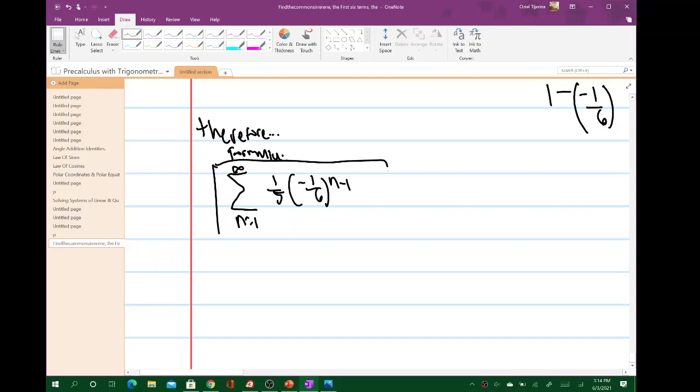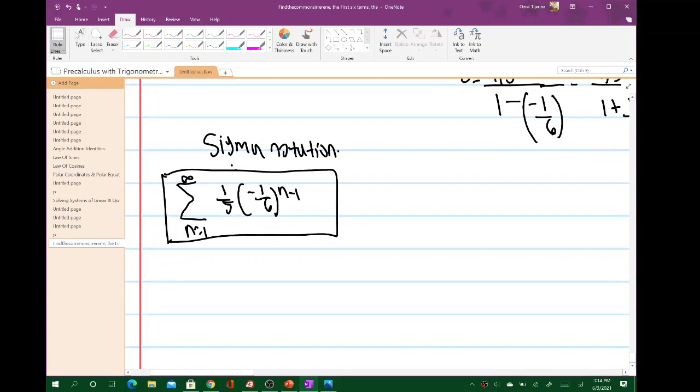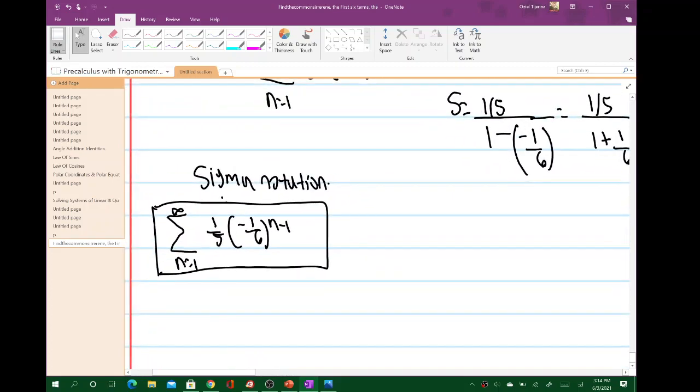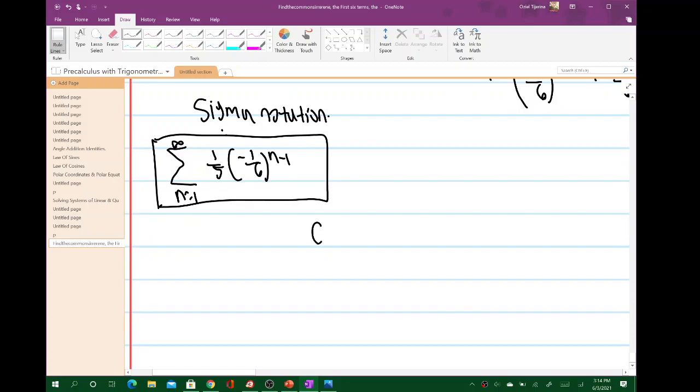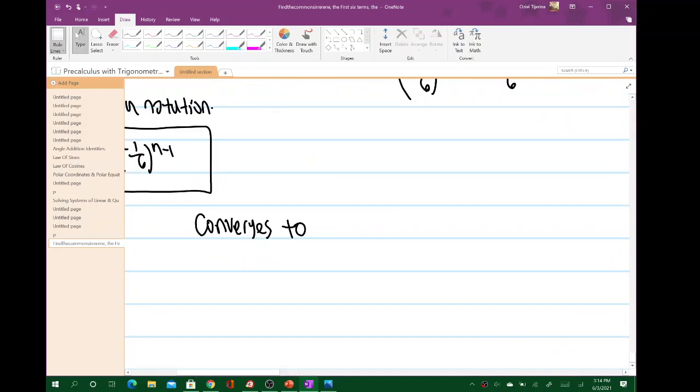So this is the formula, or the sigma notation. And this series converges to 6 over 35.